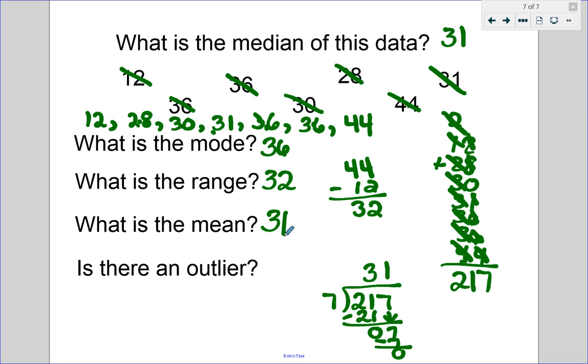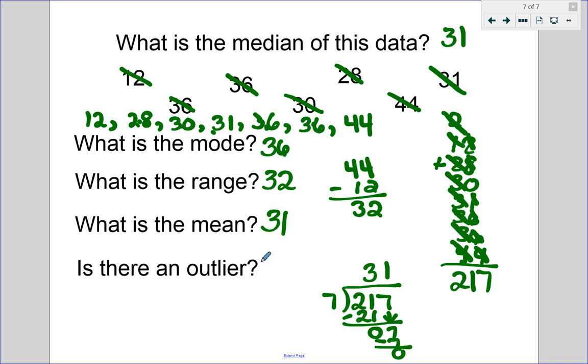Is there an outlier? Well, I have a 12 on this end, I have a 44 on this end. But when I look at the difference, 12 is closer to 10, which is a lot further away from 28, than 44, which is closer to 40, and that's close to 36.